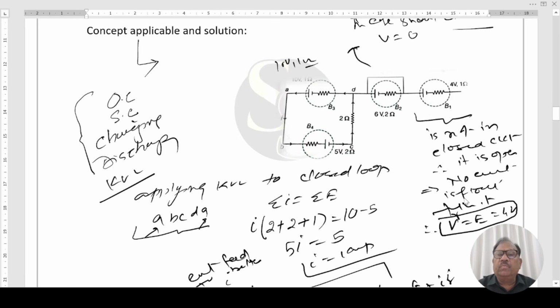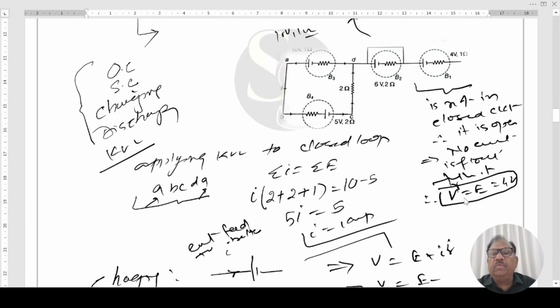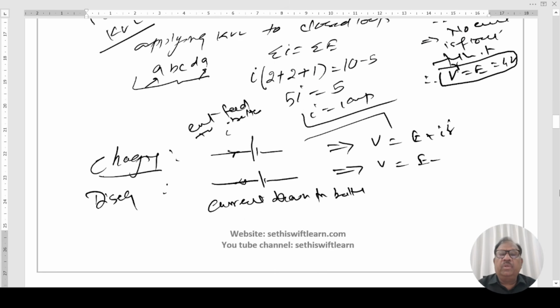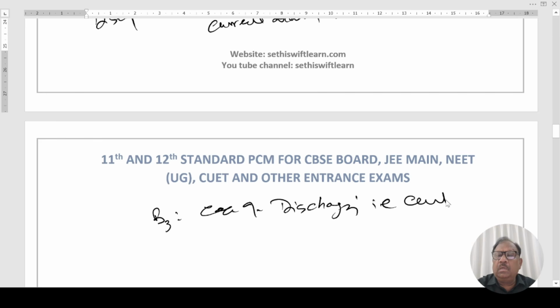Everything is given to you. So B3 is a case of discharging, that is, current is being drawn from the battery.